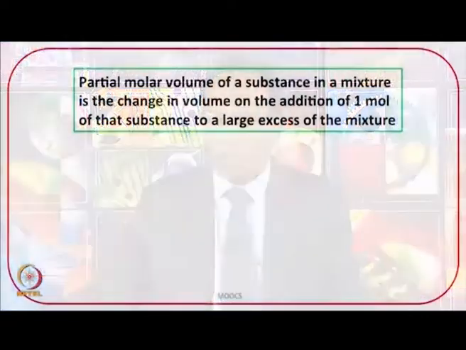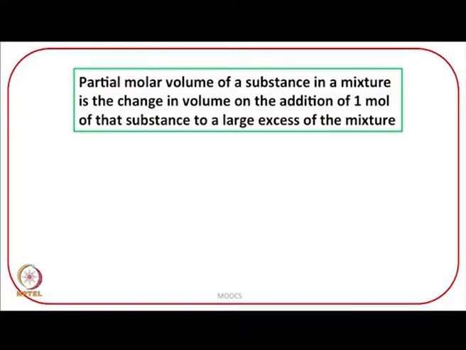Let us discuss further about the partial molar volume. This is how we define the partial molar volume. The partial molar volume of a substance in a mixture is the change in volume on the addition of 1 mole of that substance to a large excess of the mixture.